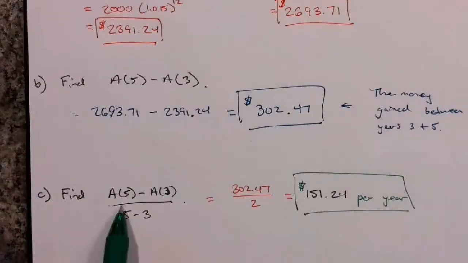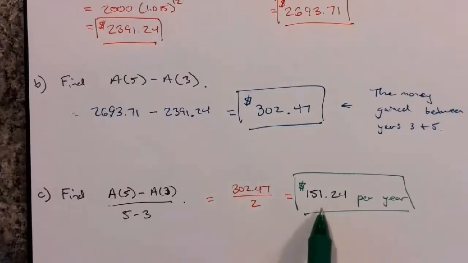If you notice, this is the average rate of change. It's the slope formula. It's the change in y over the change in x, the change in the amount over the change in years. So the average rate of change between year 3 and year 5 is a positive 151.24 per year. Positive means increased by, right?